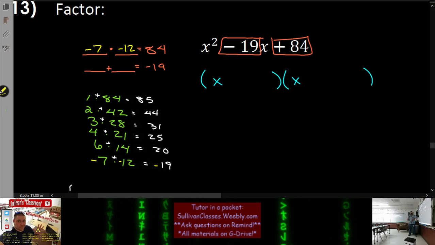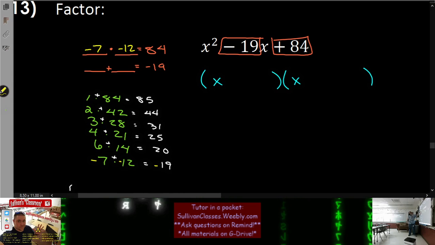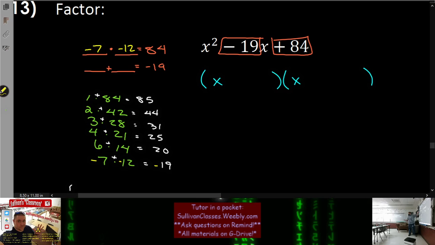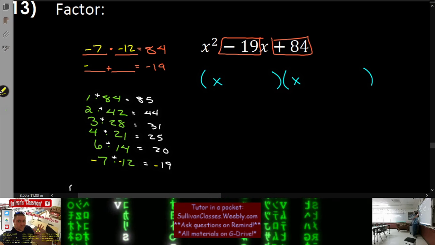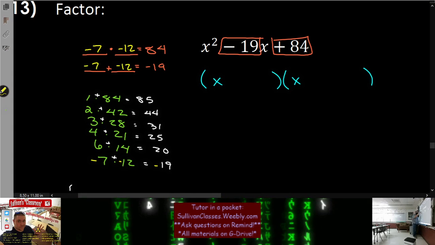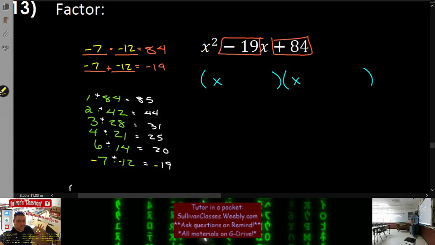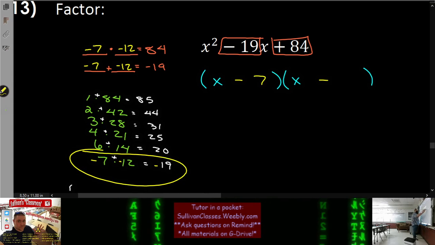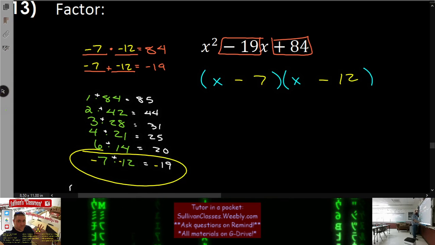Multiplied. Yes. You have to check your signs. And a negative 7 plus a negative 12 is indeed a negative 19. So if those are the two numbers, that's the magic combination that finishes this out.